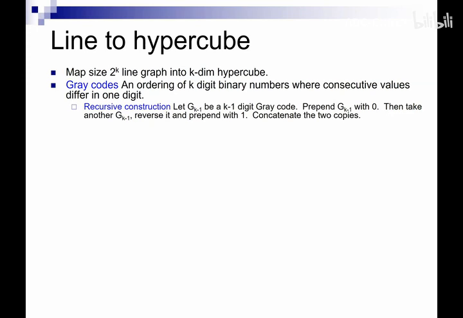So the way you can construct a gray code is you can use a very nice recursive construction. In order to construct a k-digit gray code, we're going to assume inductively that you can construct a k-1 digit gray code, and let's call that G sub k-1.